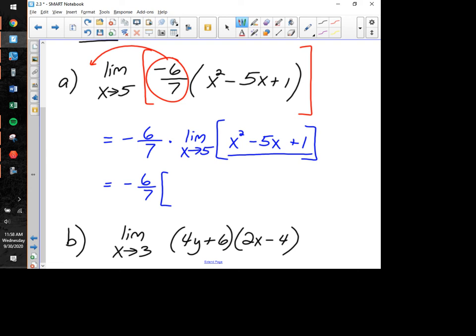It's a quadratic, so it has no problems with its domain, no jumps or holes or asymptotes, so we can simply put the 5 in there and see what we get. 5 squared gets you 25, minus 25, that's convenient, that was 0, and plus 1 gets us a 1 for the limit as x approaches 5 of x squared minus 5x plus 1.